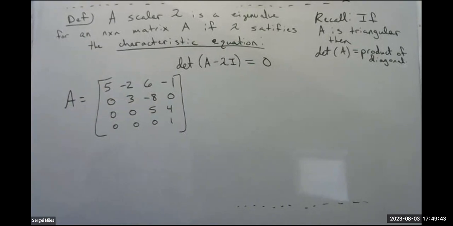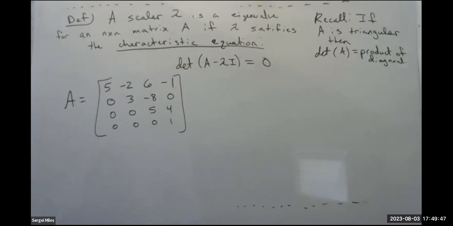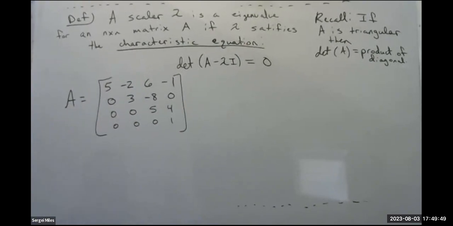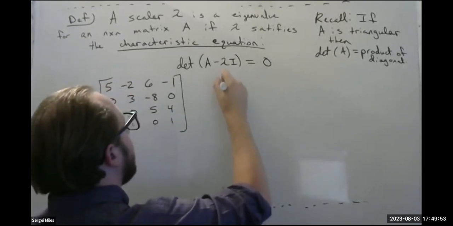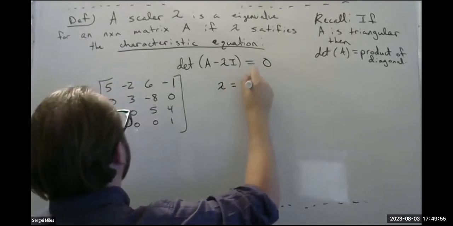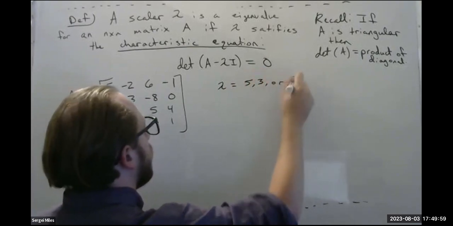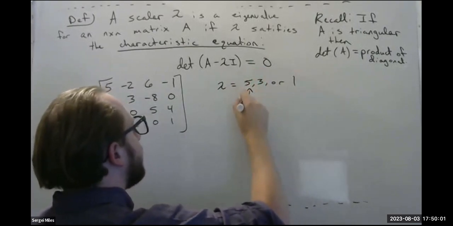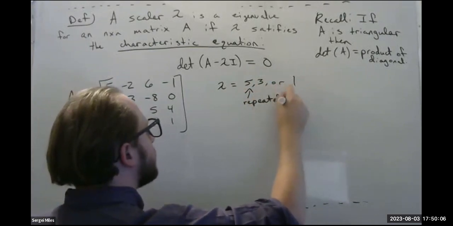And we also know from section 5.1, when your matrix is triangular, your eigenvalues are the diagonal entries. So we automatically know that I have eigenvalues which are 5, 3, and 1. But notice that 5 is repeated twice.